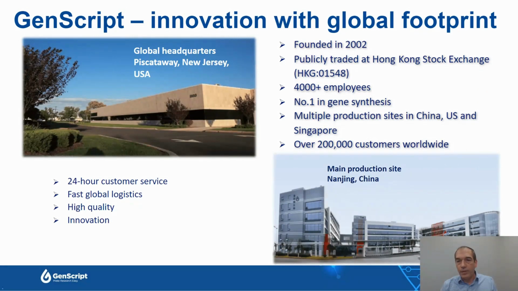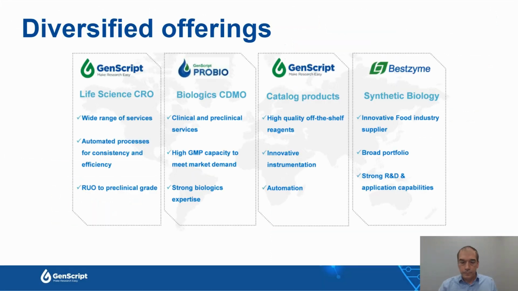We also have multiple production sites. Some are in China, some are in US, some are in Singapore, and we have served over 200,000 customers worldwide. Our headquarters is in Piscataway, New Jersey, USA, and we offer 24-hour customer service. We have fast global logistics. We offer high quality and very innovative services and products.